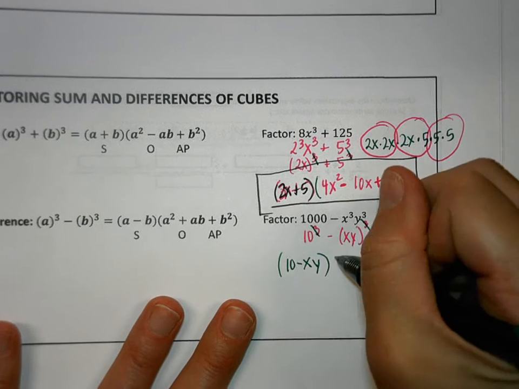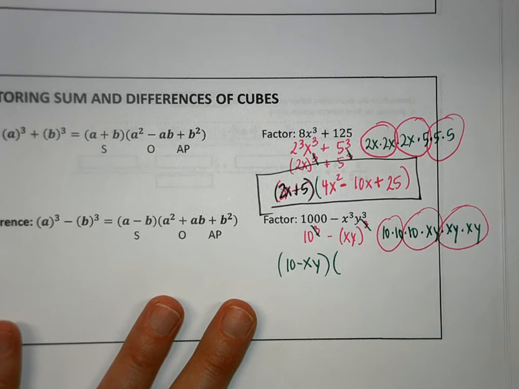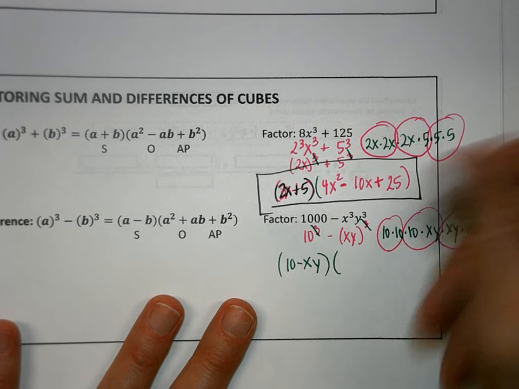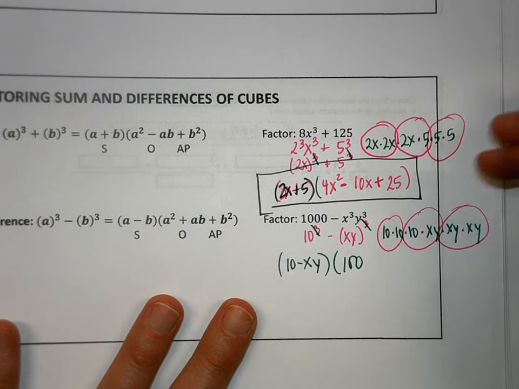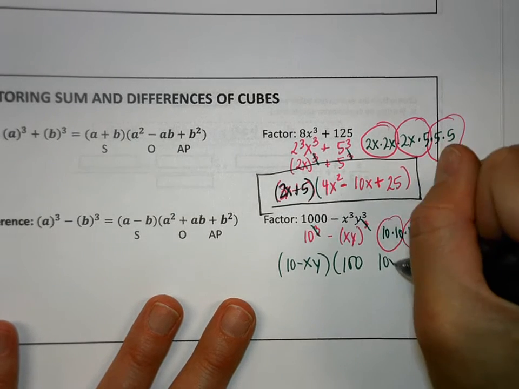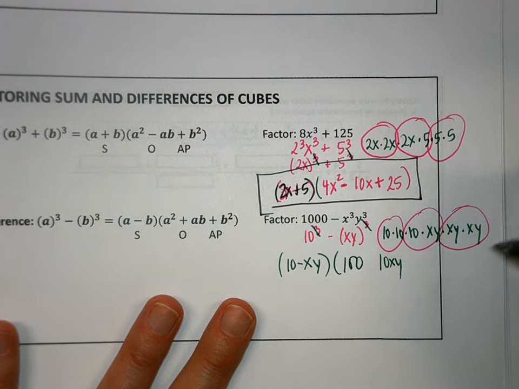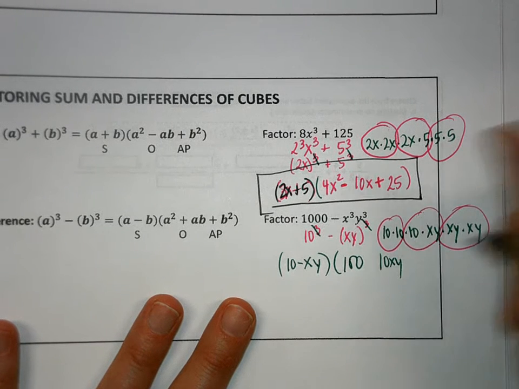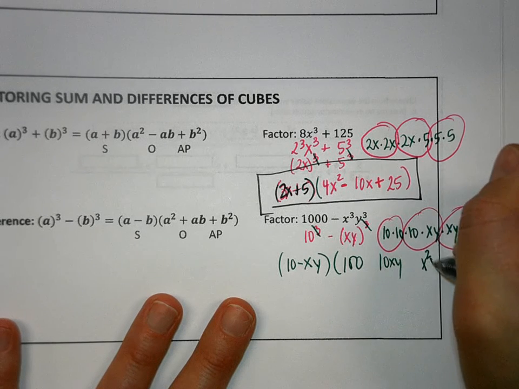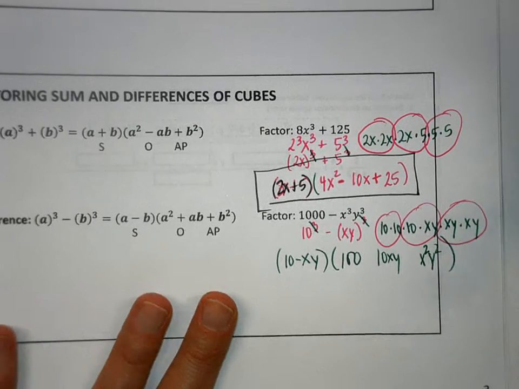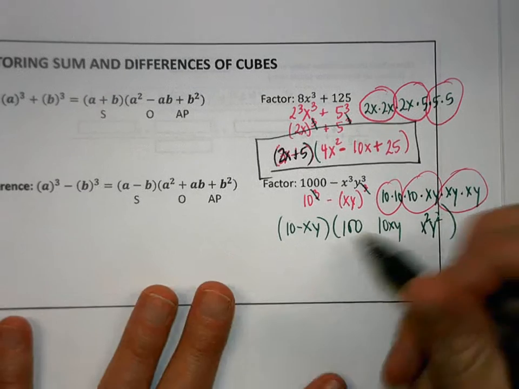Okay, so the first term ends up being what? 100. And then 10 times xy is 10xy. And then the last term will end up being what? You could do it as xy squared, or you could have it as x squared y squared. Either way will work.